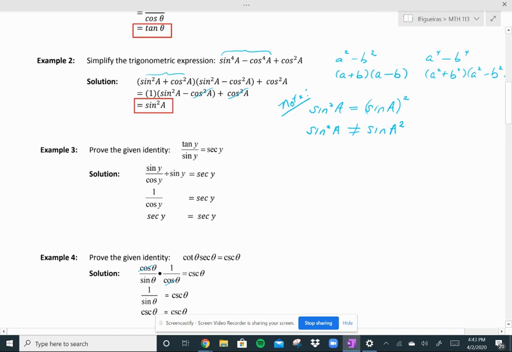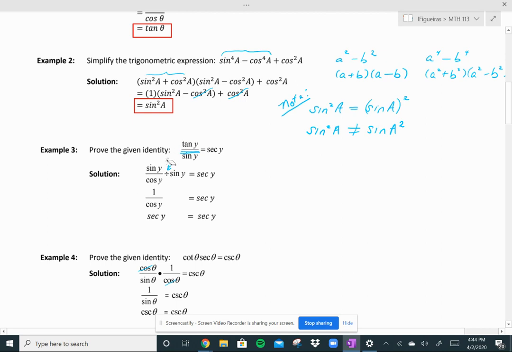So I'm going to manipulate the left side of this, which is the more complex side, until it looks like the right side. So the first thing I'm going to do is rewrite tangent in terms of sine and cosine. So tangent of y is sine of y over cosine of y. And then I'm also going to rewrite my division bar here in this way as divided by sine of y.